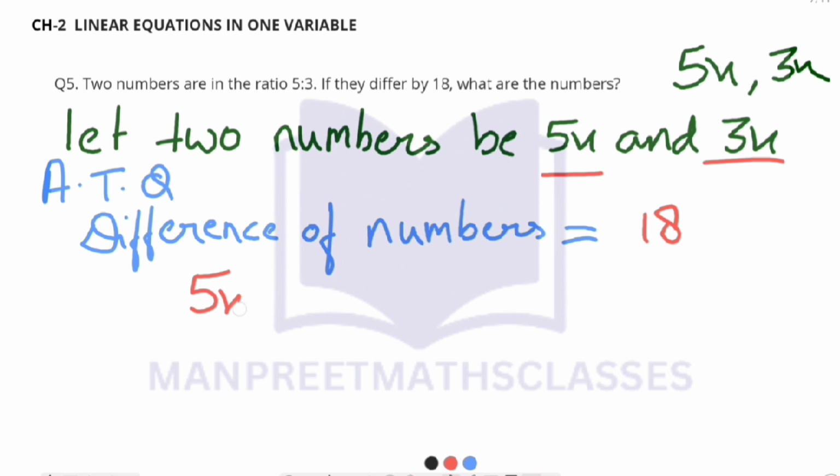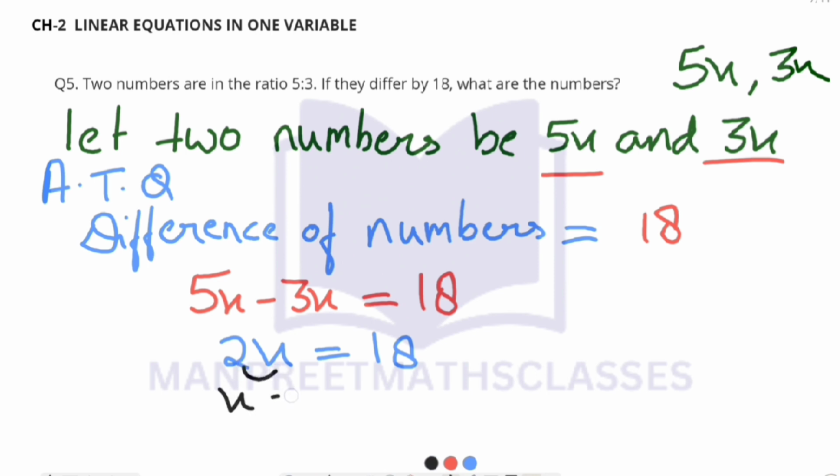So 5x minus 3x is equals to 18. 5 minus 3 is 2. So 2x is equals to 18. 2 is in multiplication, division में जाएगा.